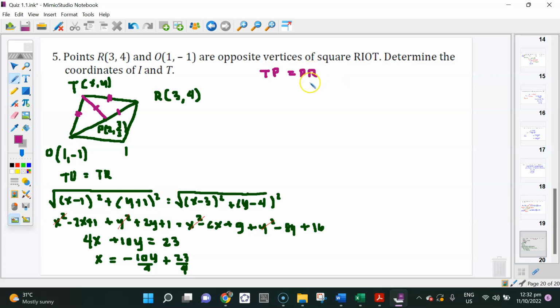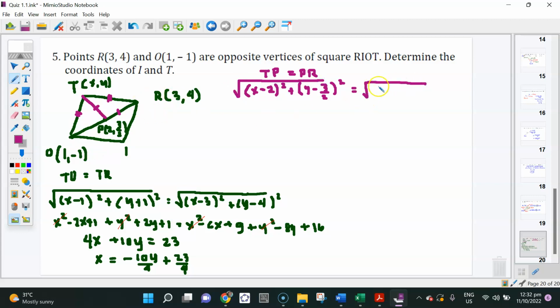So that is (x minus 2) squared plus (y minus 3/2) squared equals, of course, the square root will cancel later.